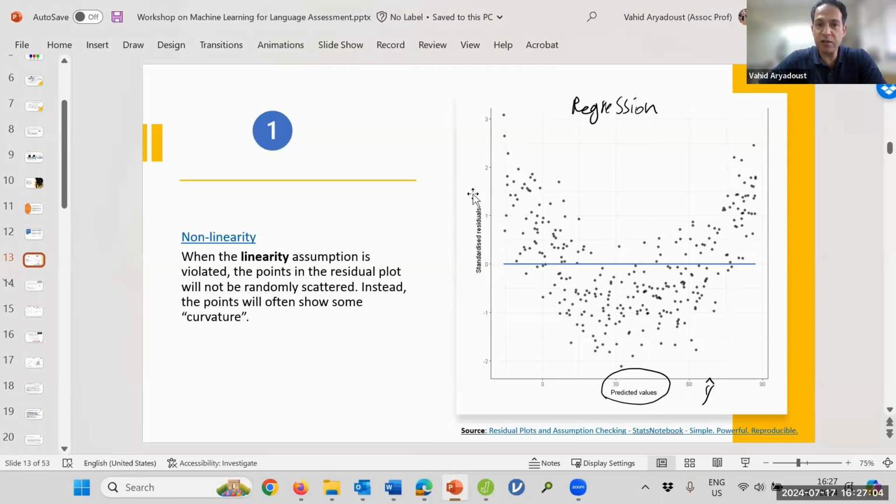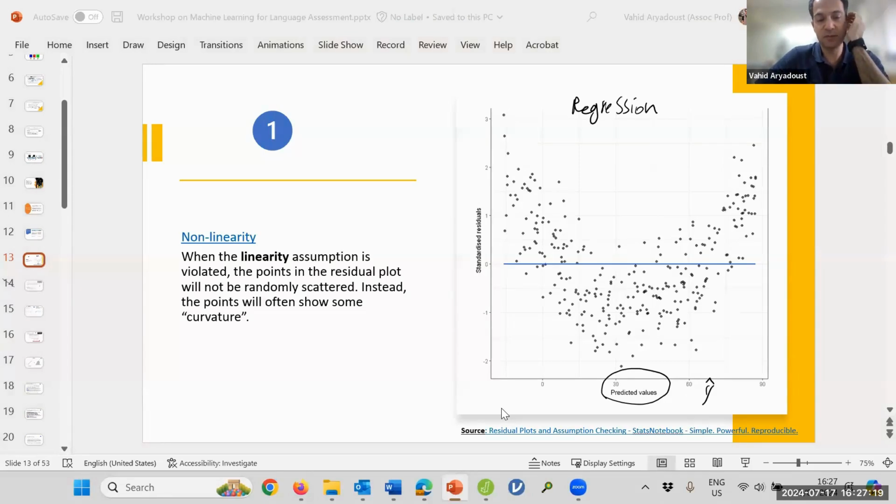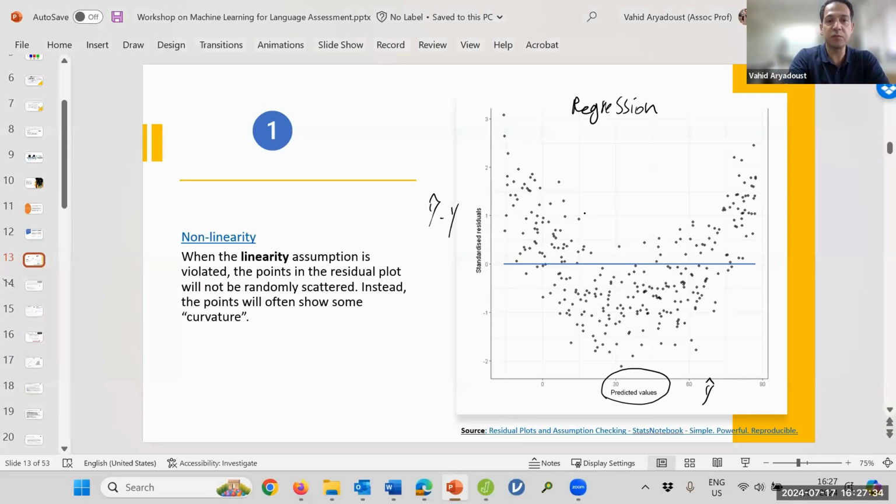Do you remember how we calculate residuals? How do we calculate residuals? Very good, that's also correct. Predicted minus observed, which means y hat minus y, or you can put it the other way around, y minus y hat.